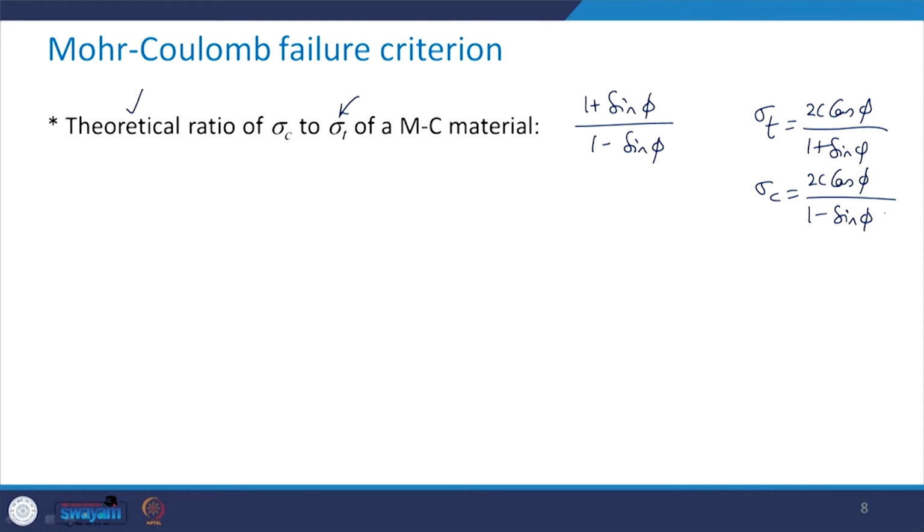We just obtained, so from these two we can get this ratio as (1 plus sine phi) upon (1 minus sine phi).